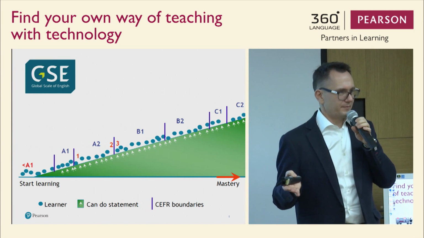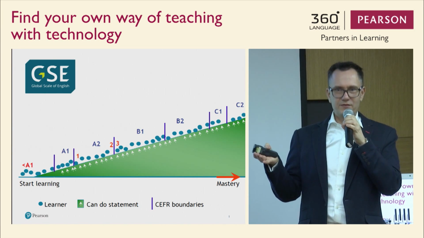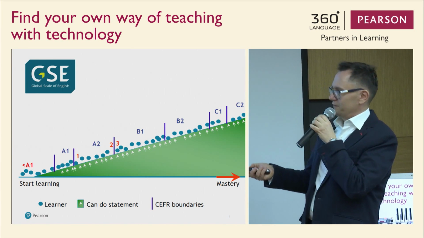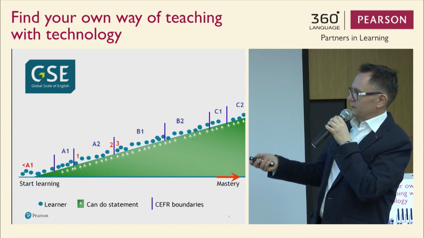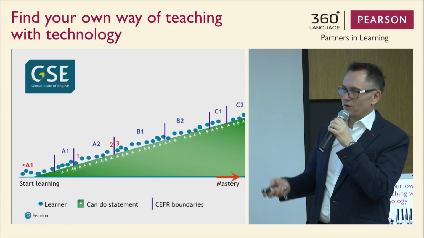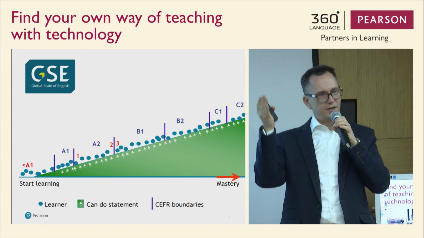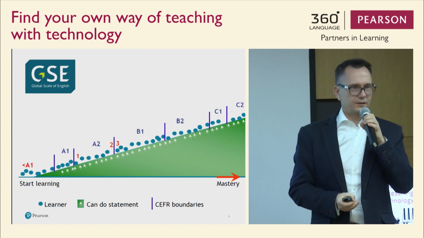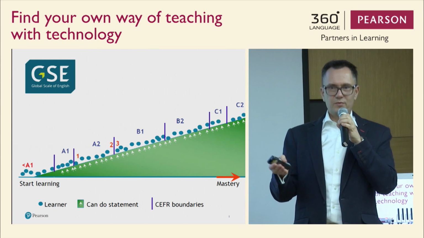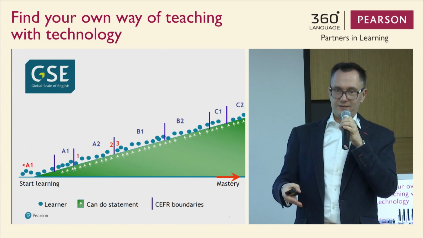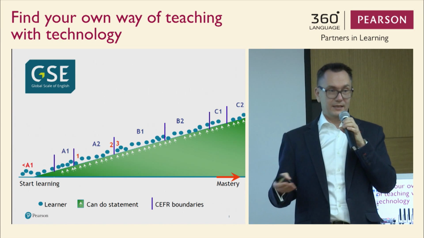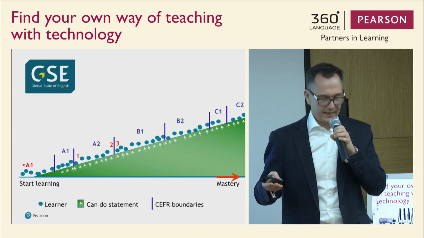Are they the same? I mean, is their knowledge of English the same? If you understand the metaphor of the slope, running up as your kind of learning curve, of course not. Student 1 probably knows a lot less than student 2, but still we tend to say that they are both A2.